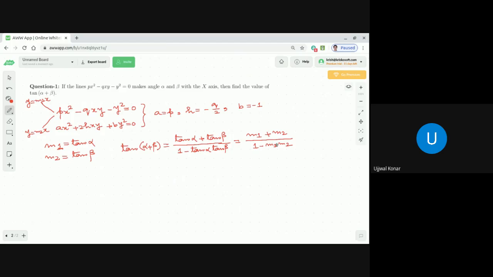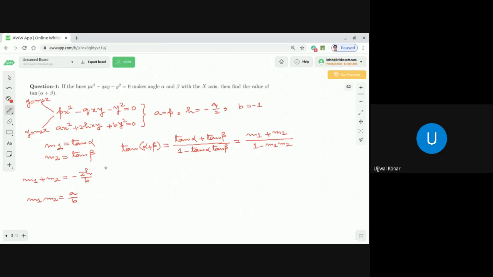Now what is M1 plus M2? If you recall, dear students, the formula, M1 plus M2 is equal to minus 2h by b, correct? And M1 into M2 is equal to a by b.